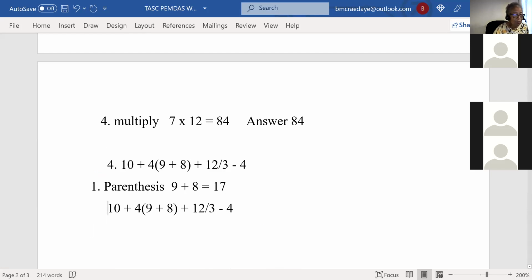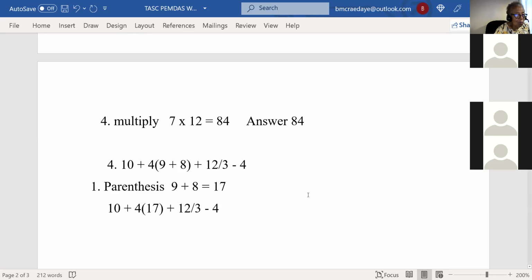Okay, so this will be 4 times what? 17. Okay. Now I could have put 4 dot 17 or 4 asterisk 17, but I'm using parentheses here for multiplication, right? Okay, so what do I do next, Maureen?